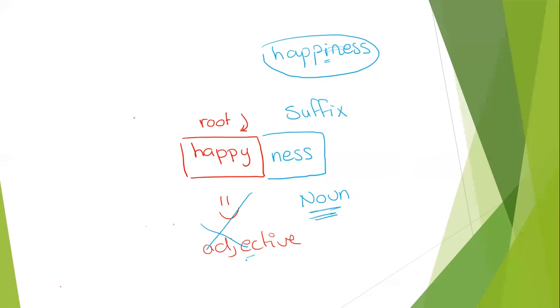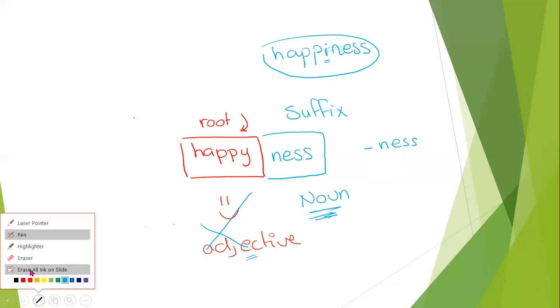It is not an adjective, now it's a noun. So the suffix ness is used to change the word from an adjective, for example, to a noun. طيب, يبقى أنا عندي كلمة happiness السعادة. Happy was سعيد.